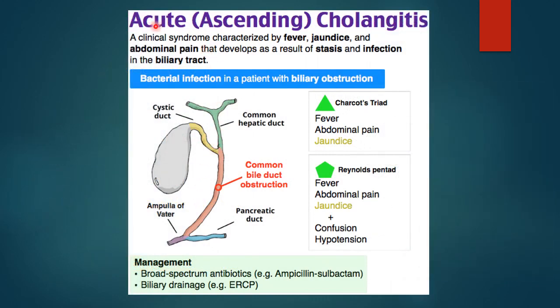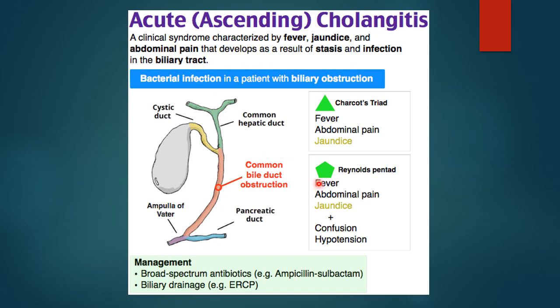This is a diagram to show you the biliary tract and the gallbladder. The stones from here migrate and get obstructed here, causing obstruction and subsequent stasis and infection. It is acute ascending cholangitis. It's a clinical syndrome characterized by Charcot triad, fever, abdominal pain and jaundice, that develops as a result of stasis and infection of the obstructed biliary tract.